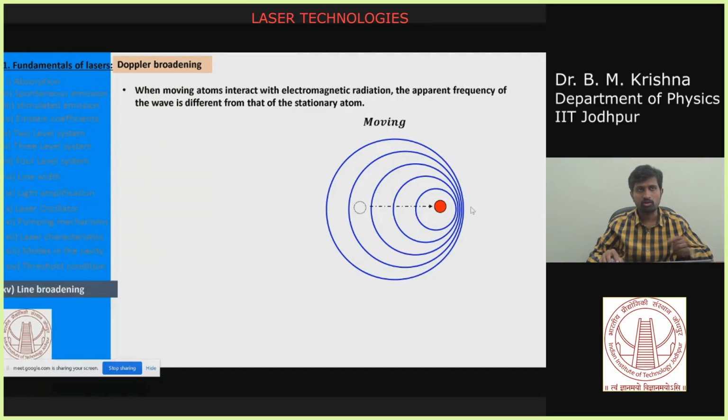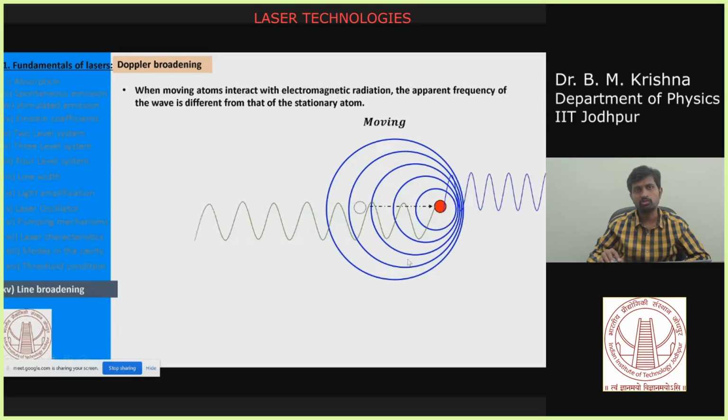This is called Doppler broadening. The radiating frequencies will be different in different directions because the particles are also moving. Whichever direction you take, you always see the radiation frequency will be different.